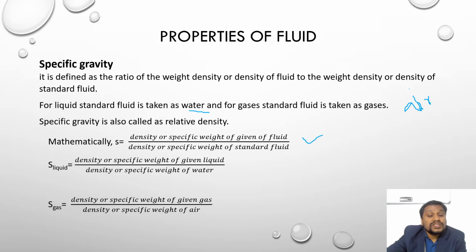Or the specific gravity of a given gas is the density or specific weight of the given gas divided by the density or specific weight of air. So air is the standard for gas, and water is the standard for liquid.